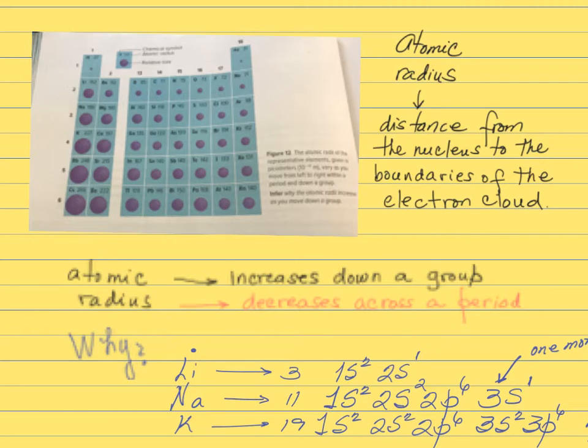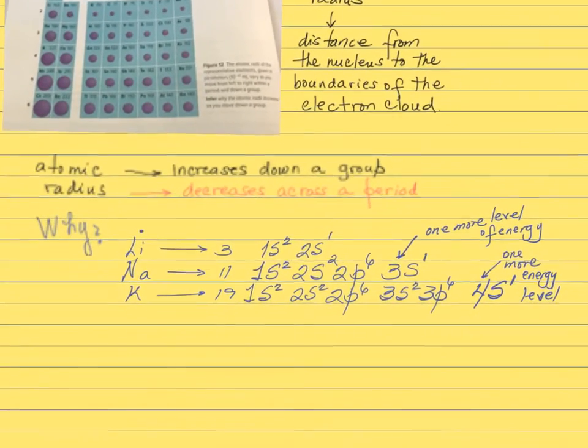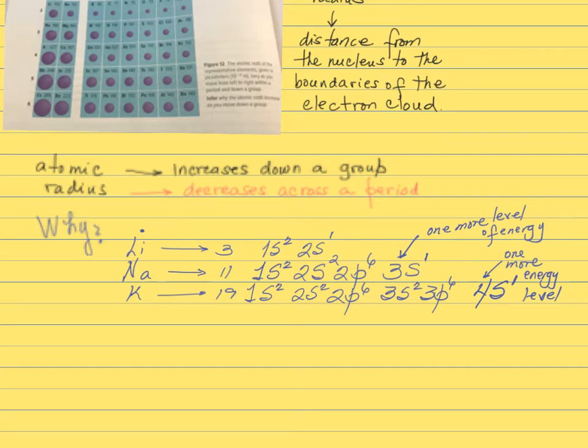But why? Why do you think the atomic radius is gonna increase when you are going down a group? I have over here the first example. I was using lithium, sodium, and potassium just to explain why, when you go down a group, the atomic radius is increasing. And the answer is super simple, because remember that I was explaining to you that the period number is given by the principal quantum number, which is the level of energy.